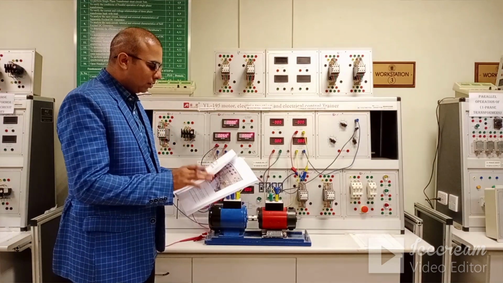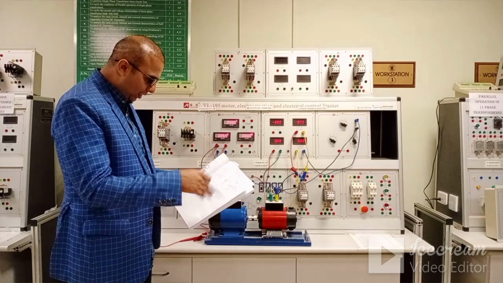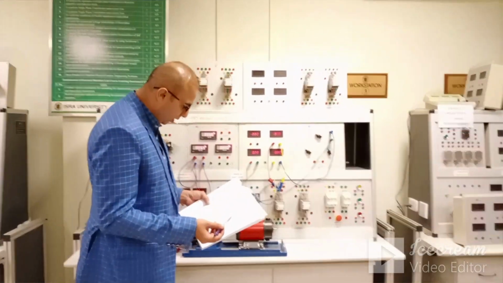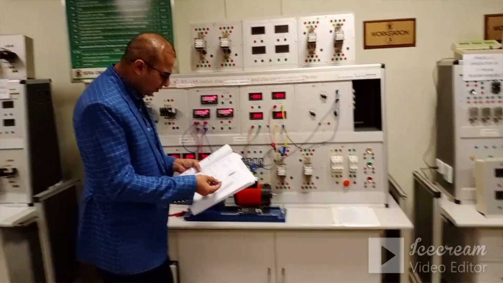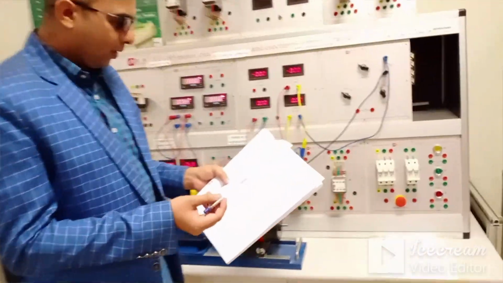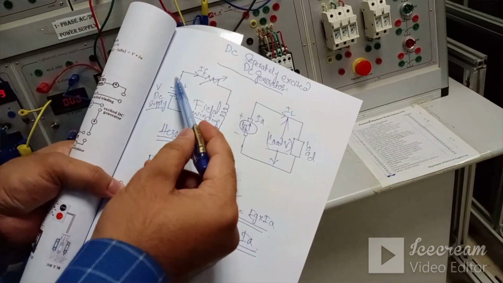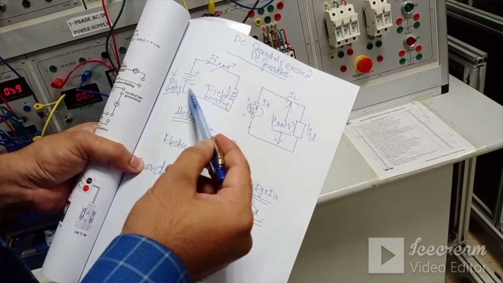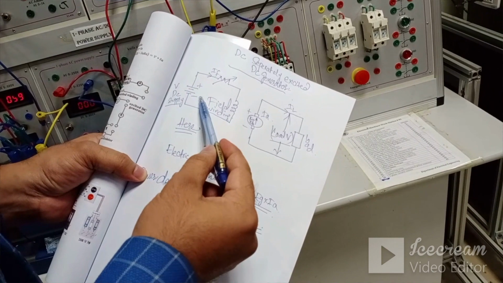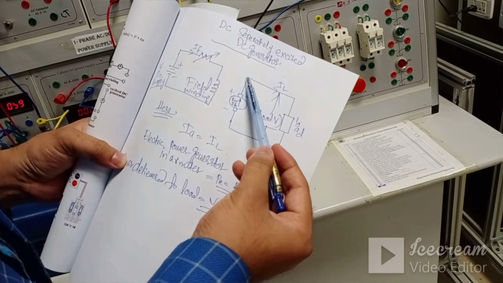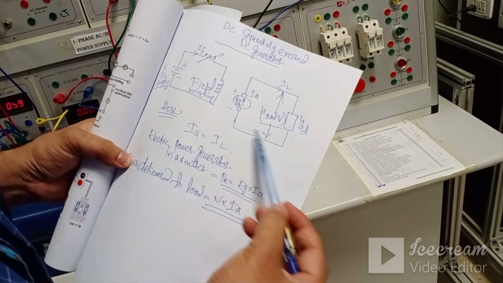If we look at the circuit diagram of this DC separately excited generator, as you can see in this diagram, this is the field winding which is excited from the separately excited DC source, and the armature winding is directly connected with the load.